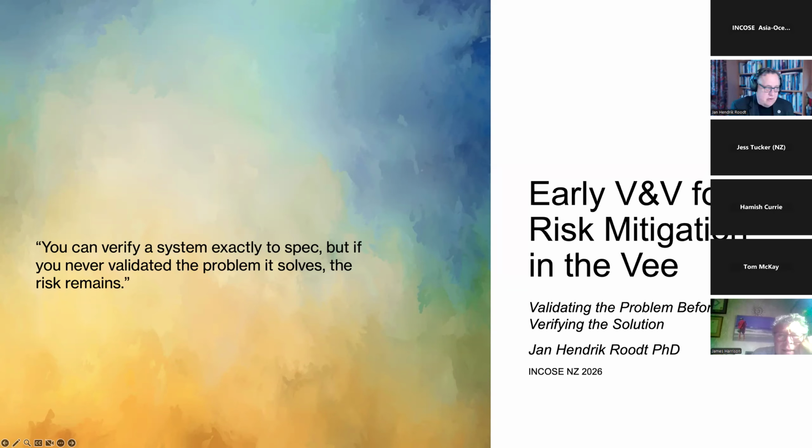So the talk is titled Early V&V for Risk Mitigation in the V, the Systems Engineering V. And it was interesting for me to go back and dredge up all my drawings and different versions of the V that I've been working on since probably the late 1990s, 1999, thereabouts.